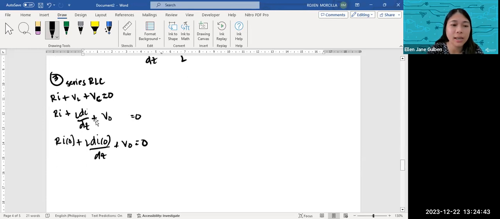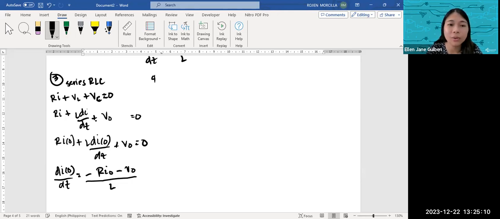So there we can get dIO dt is equal to negative R IO minus VO divided by L. So this is third.